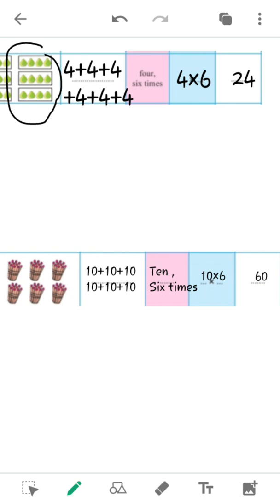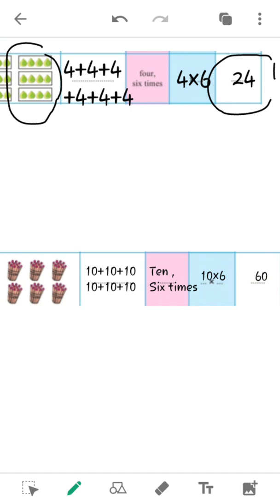We added 4 6 times. How many times? 6 times. As written in multiplication way, 4 multiplied by 6. So, we will get the answer. 4 6s are 24. So, total number of objects is 24.